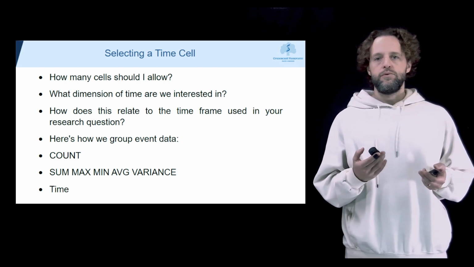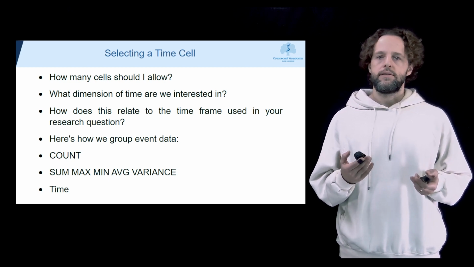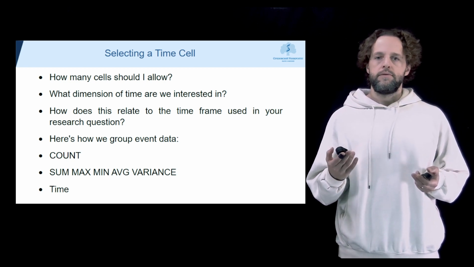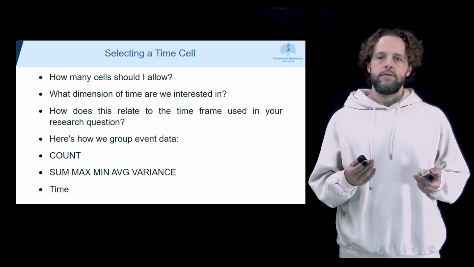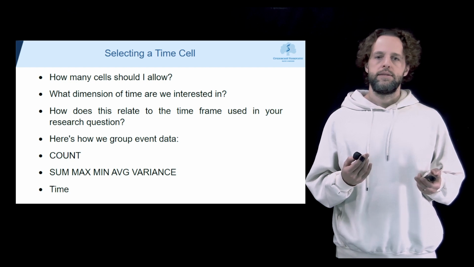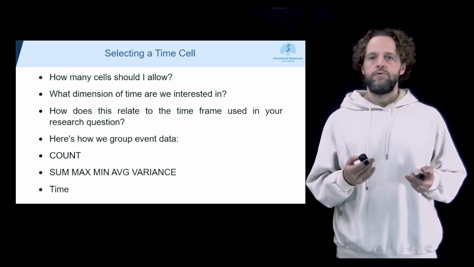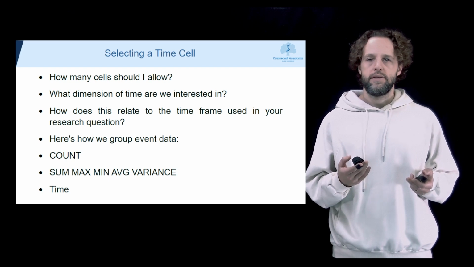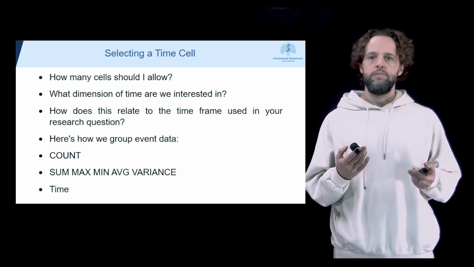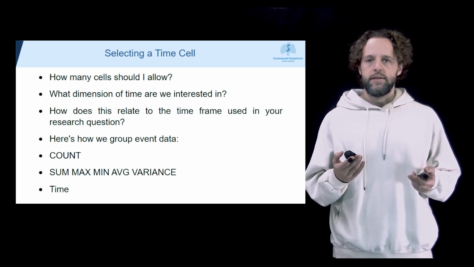In addition to the quantitative characteristic, this will give us a binary characteristic, that is, the absence or presence of a certain event within the cell. We can also calculate the average of all the values in the cell, or the maximum or minimum value of all the values in the cell.